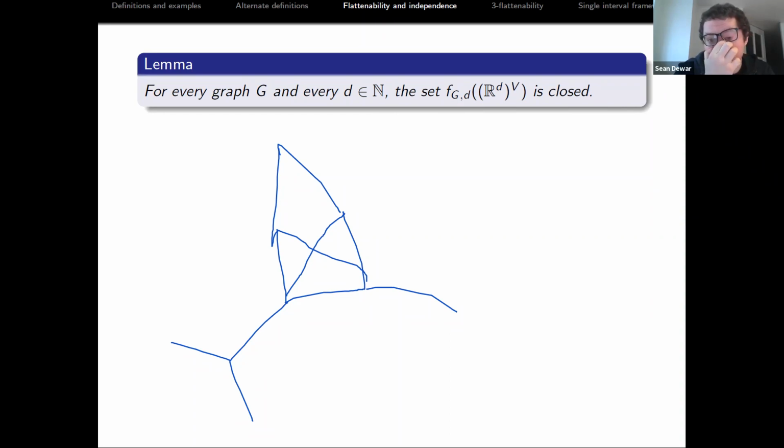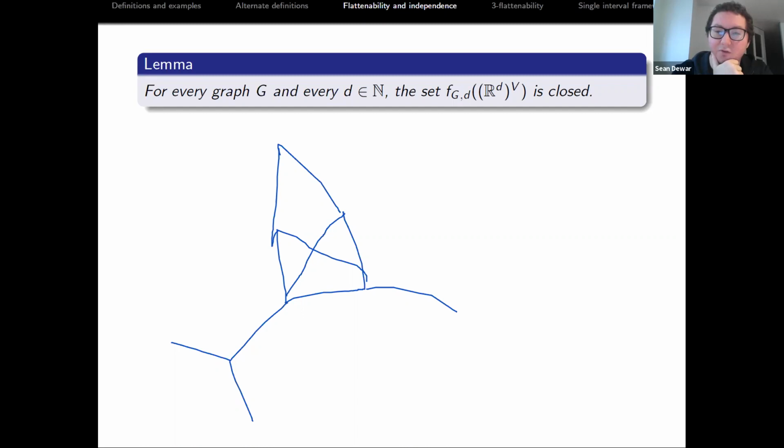But basically, the idea would be if you can flatten everything with non-zero edge lengths, then the ones with zero edge lengths are going to be in the closure. Yeah, exactly. That would do it.